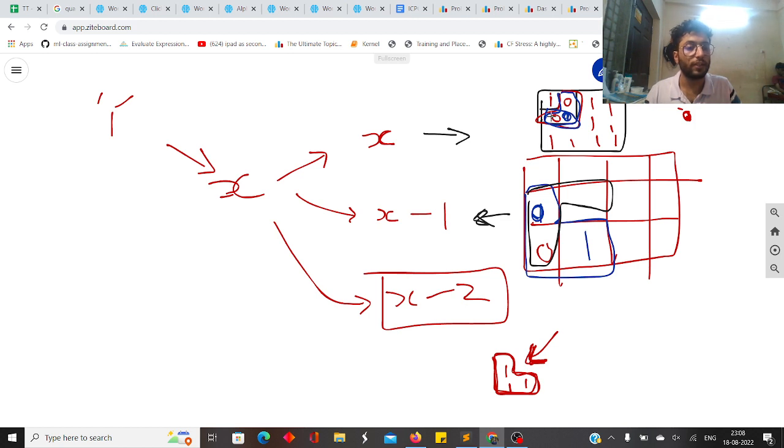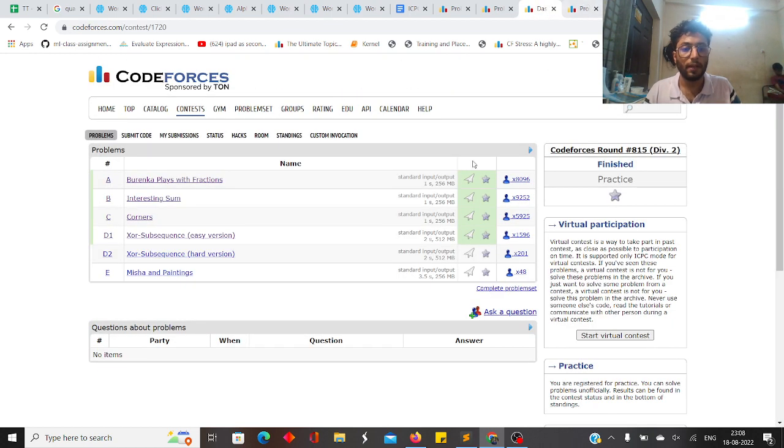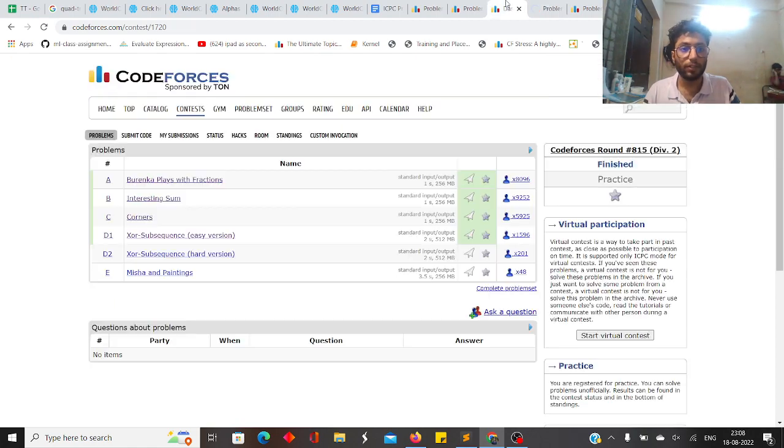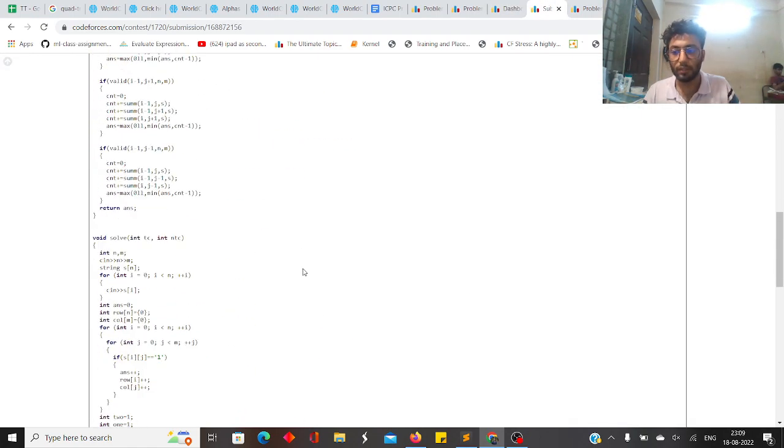After I get two adjacent zeros, I can always extend this by any of the adjacent ones that I have, and at max I would lose out on one of the ones that is present in the matrix in one operation. So these are basically the casework, and how do I implement my solution? My implementation is a bit involved.